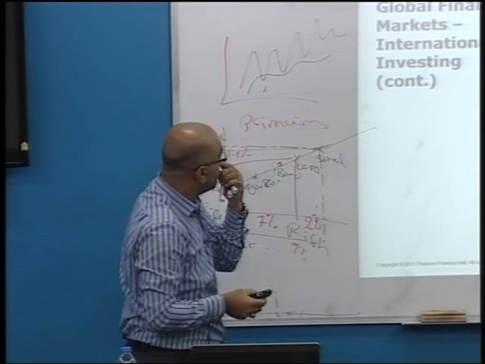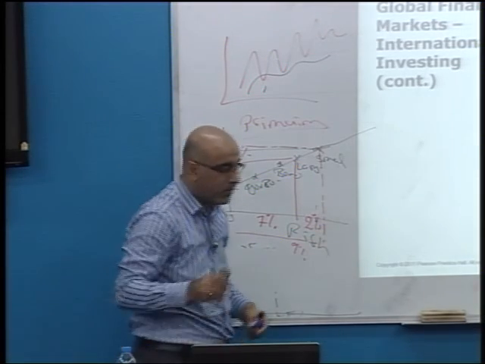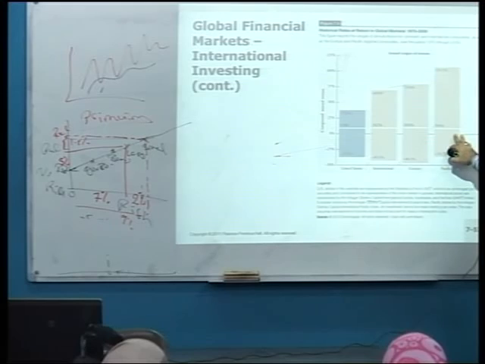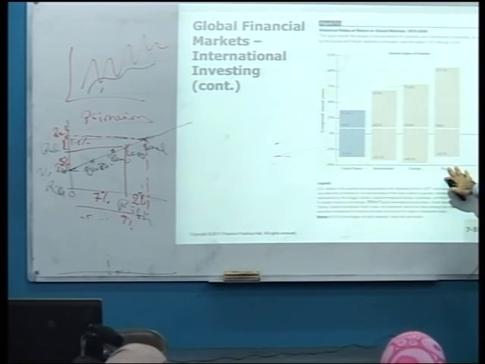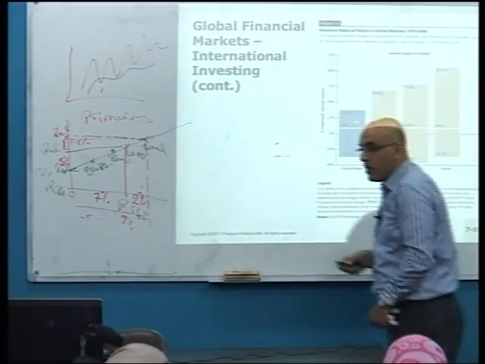Now, let's compare international financial market investments. We will compare the United States with other markets: the international markets, the European countries, and the Pacific. If you observe, the United States has lower risk and lower return. But if you look at the Pacific area, it has higher risk and higher return. Then the international is next to the United States.